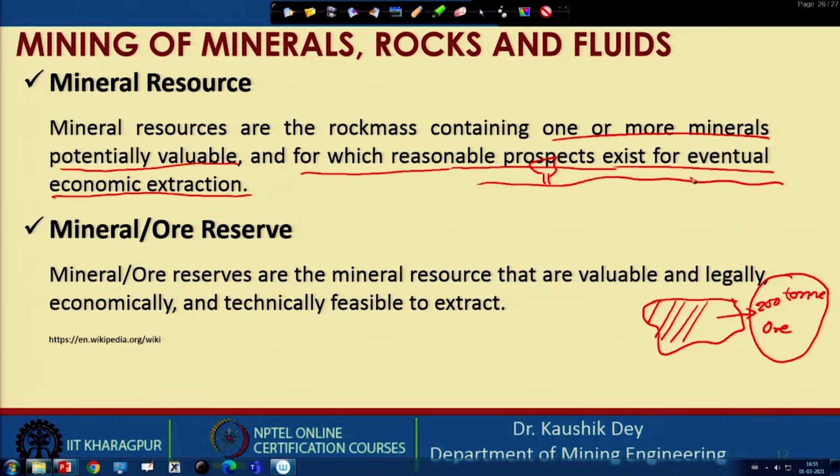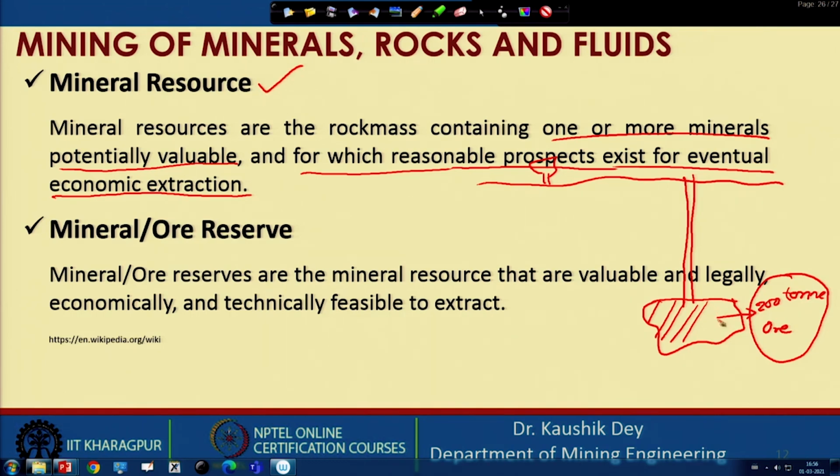So, occurrence of the ore does not guarantee that it can be excavated economically. But if it is expected that there is a likely chance that this can be excavated economically, then it is called mineral resource.